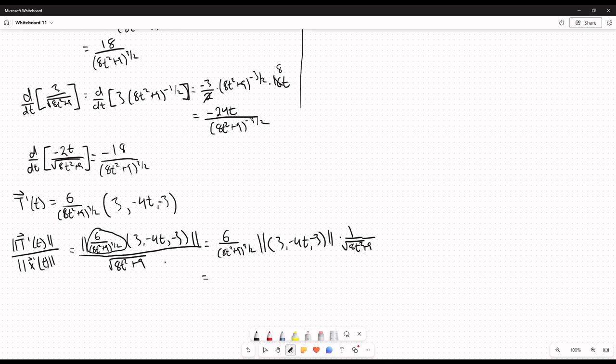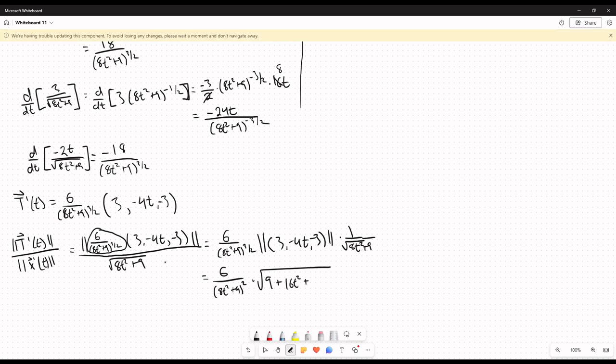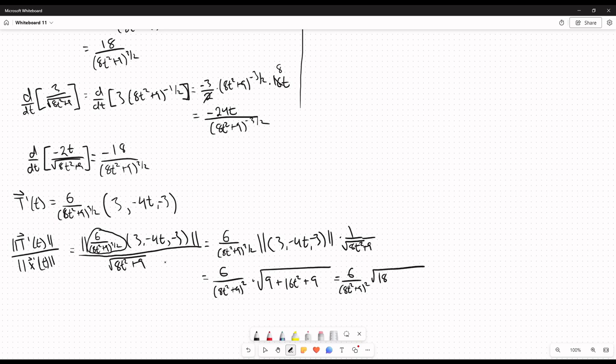Okay, so I notice I'm going to have 6 over 8t squared plus 9 squared times the norm of this, which is going to be 9 plus 16t squared plus 9, which is 18 plus 16t squared.